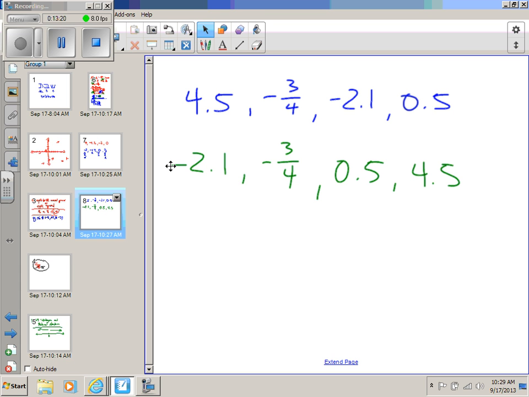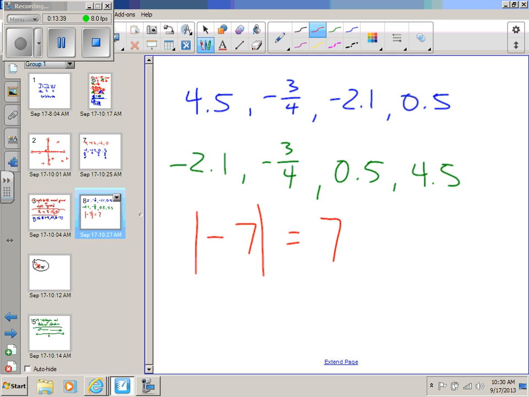Absolute value. We've covered absolute value a little bit with the math group. Absolute value of negative 7. In other words, how many places from 0 is negative 7? 7.